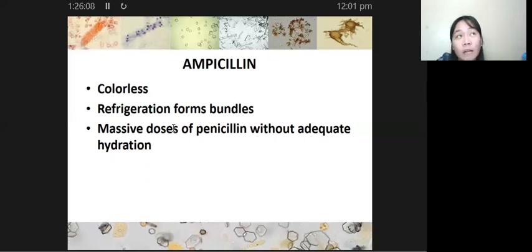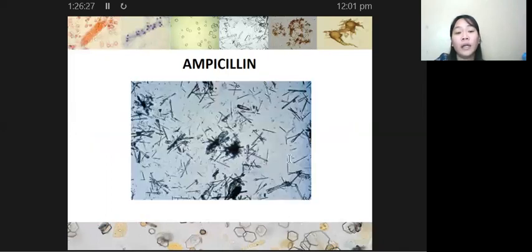So pag ni-refrigerate mo yung sample na may ampicillin, pwedeng mag-aggregate yung ating ampicillin crystals, forming bundles. This is a consequence of ingesting massive doses of penicillin without adequate hydration.